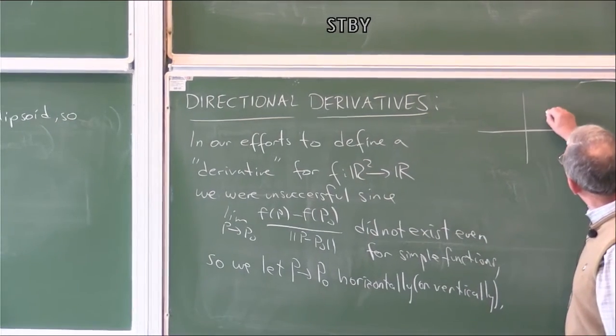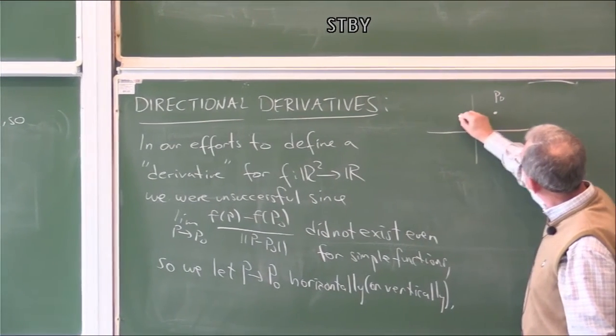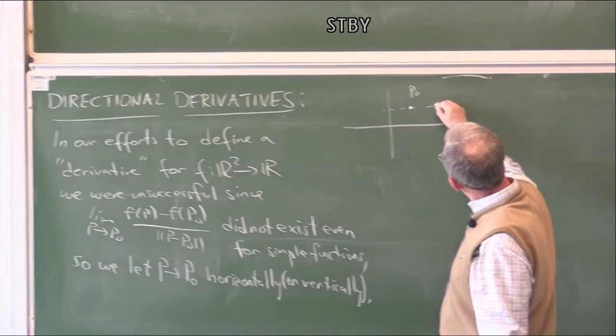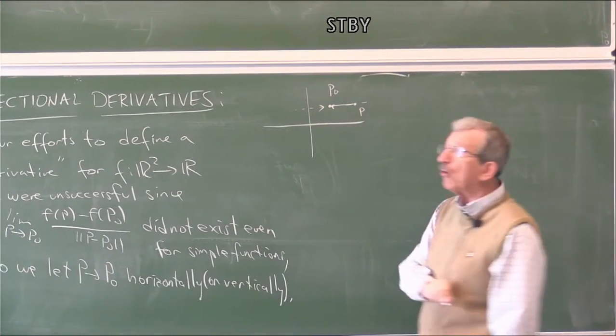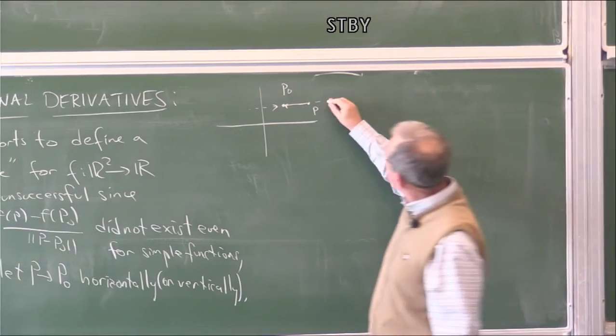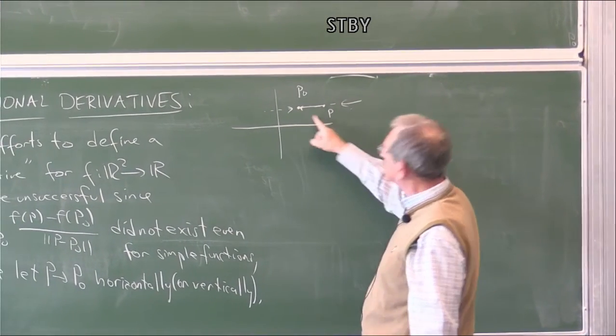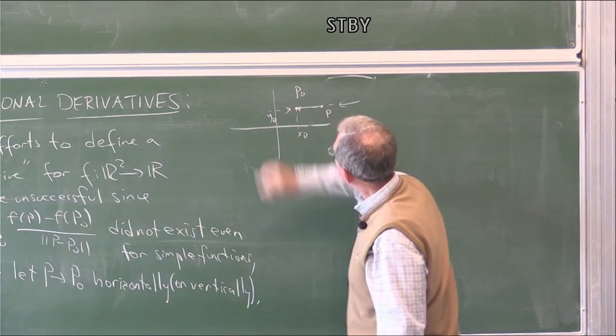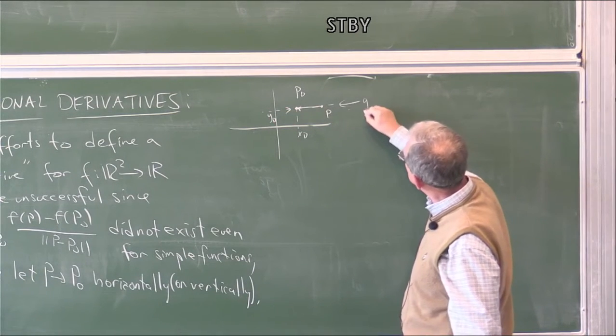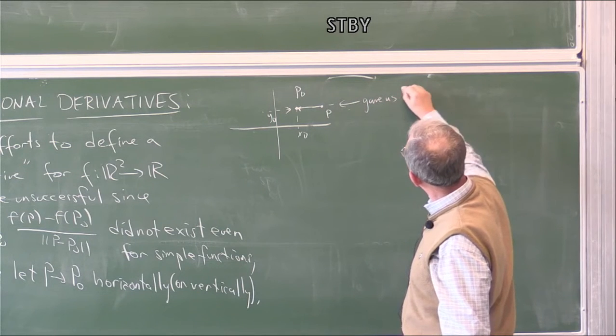In the plane, we have a p0. So we either chose a p and moved it towards p0 horizontally, which gave us, because x is the only variable, del f del x.